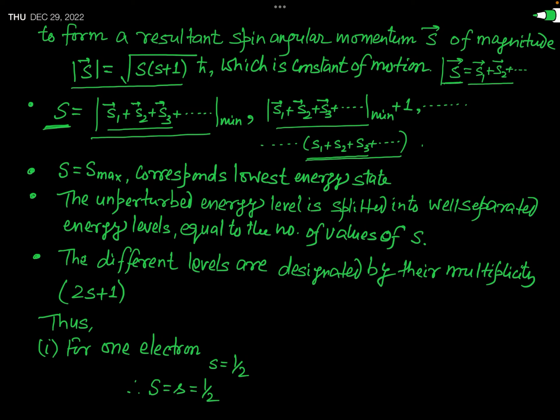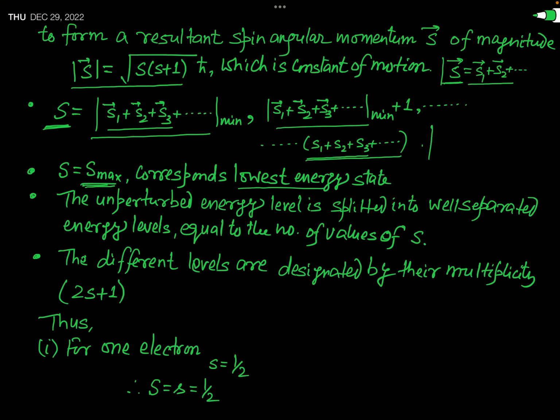Now, when you have the maximum value of this spin angular momentum vector, in that state the atom has the lowest energy. It means the maximum value of S represents the lowest energy of the atom. Why in this case is the energy lowest? You can easily understand. When S is equal to S max, S max is simply equal to S1 plus S2 plus S3.